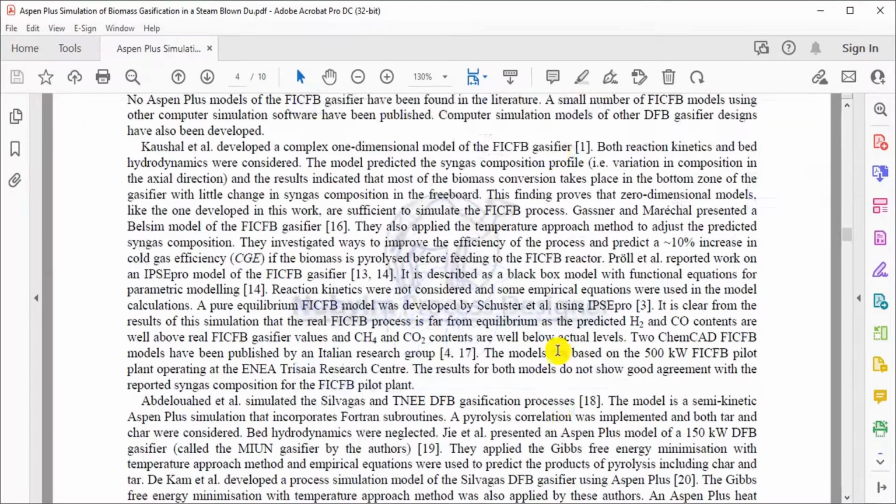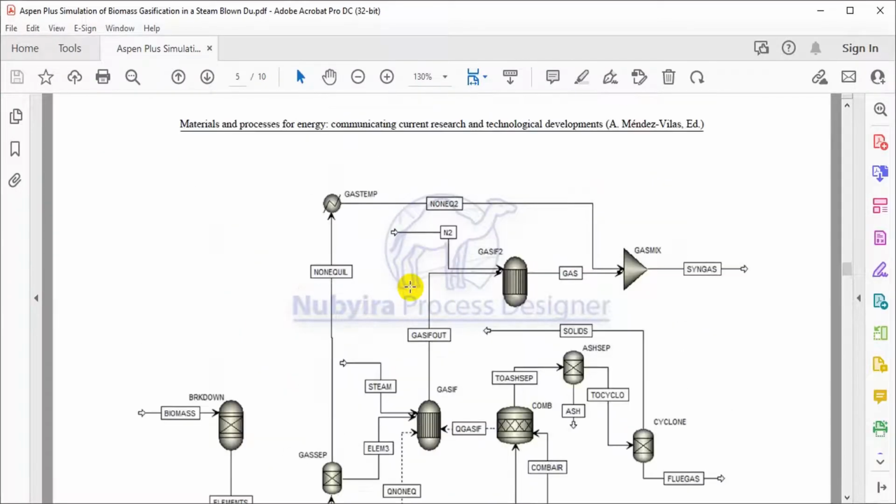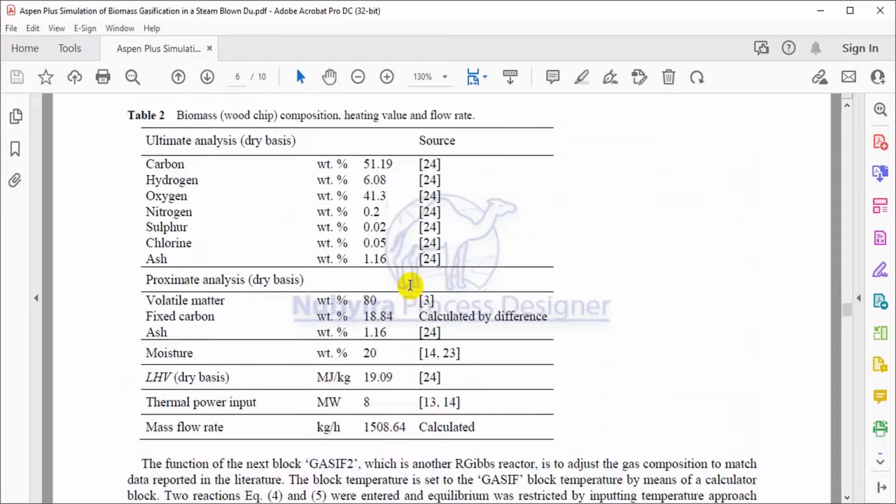The process is generally modeled with Aspen Plus, and this is the flowsheet in Aspen Plus. These are the components. We have to use composition analysis like proximate analysis and ultimate analysis to characterize components which are not standard components, like carbon chloride.